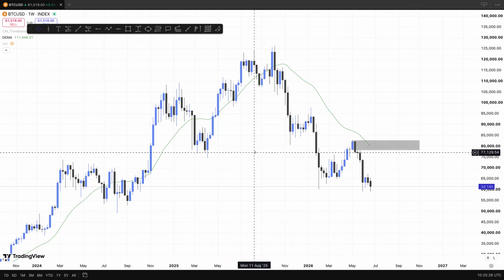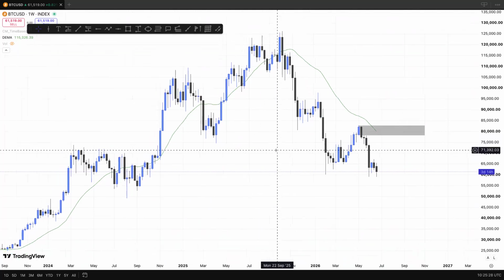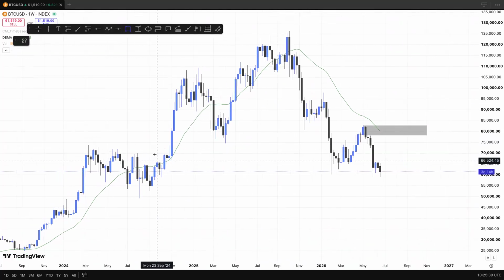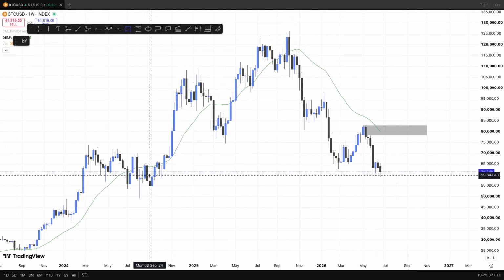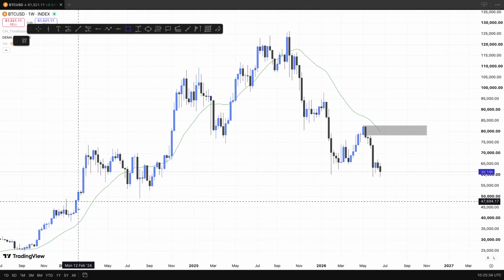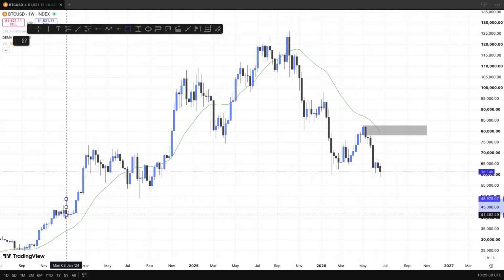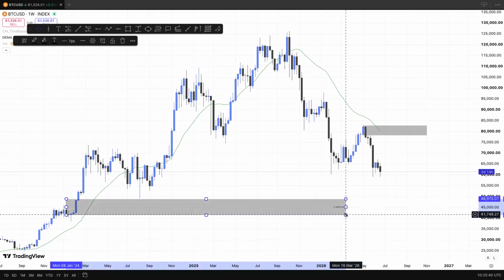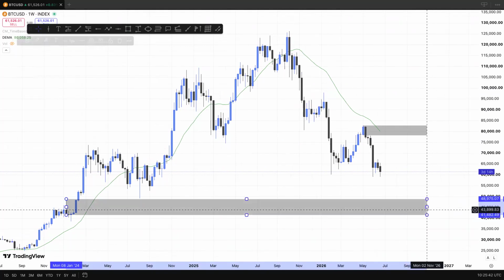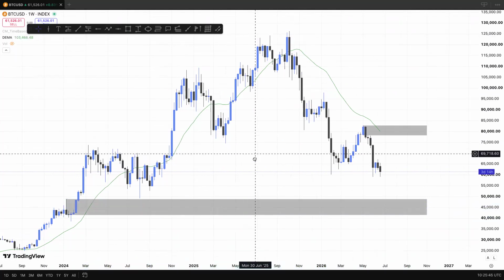That's the high probable supply that price can reach next. And the next probable demand that price can reach next on the weekly time frame will be this demand right here.